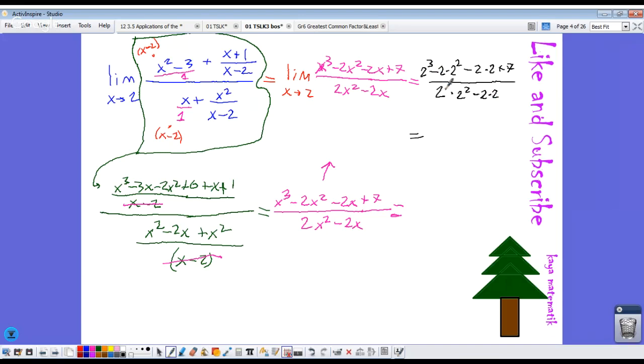Let's calculate that one in here. 2 cubed is going to be 8, minus 2 squared is 4 times 2 is 8, minus 2 times 2 is 4, plus 7. Denominator: 2 squared is 4 times 2 is 8, minus 2 times 2 is 4. So 8 minus 8 is 0, minus 4 plus 7 is 3. 8 minus 4 is 4. So 3 over 4 is the final result of this exam.